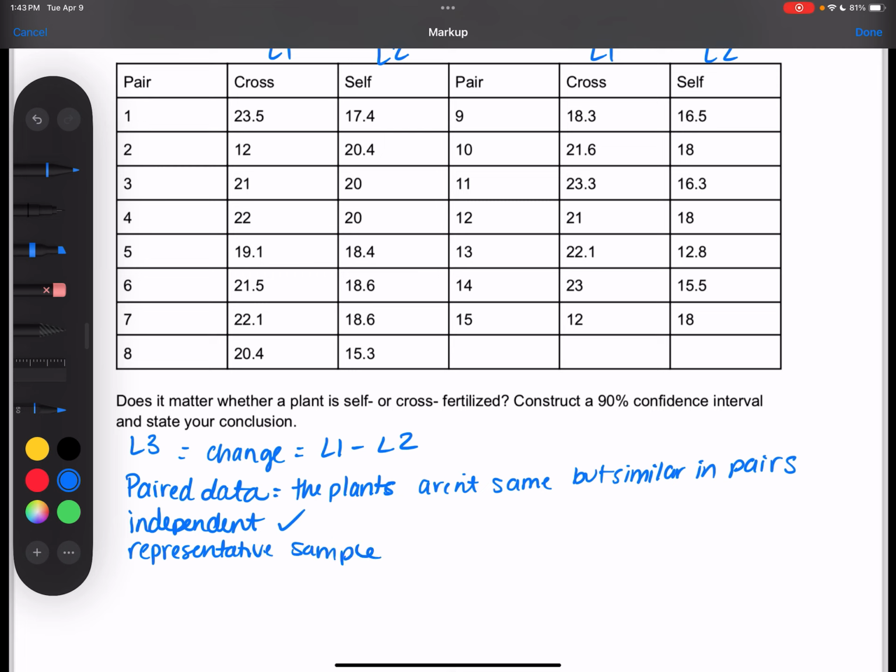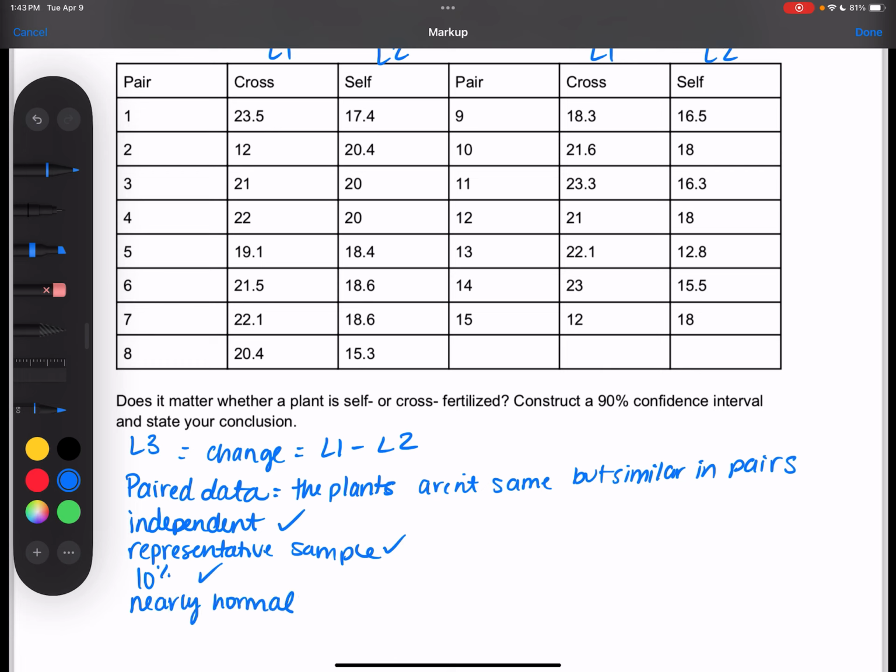10% condition. Yeah, 15 pairs of plants is definitely less than 10% of all plants. And nearly normal.